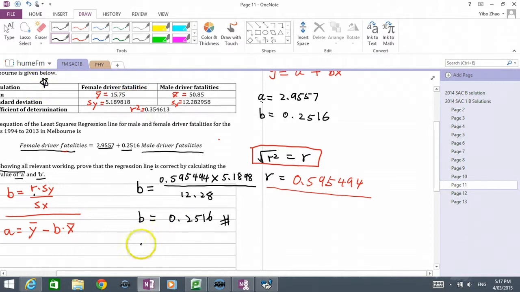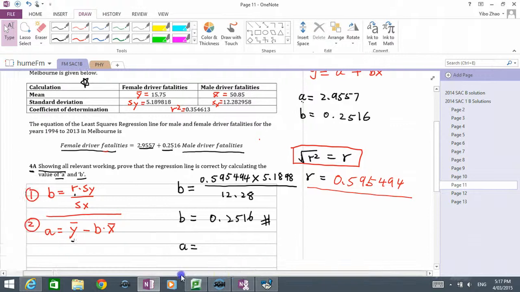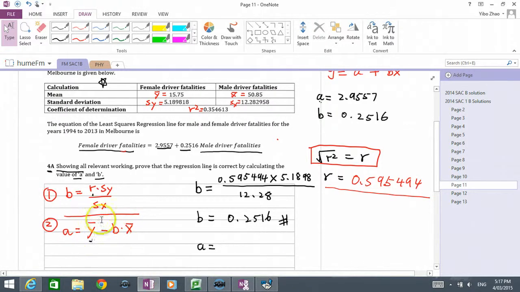Then the next step, I need to find a. According to the formula, a is the mean of y, which is 15.75, take away b, 0.2516, times the mean of x, which is 50.85.